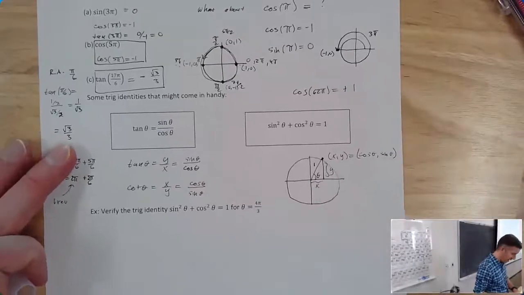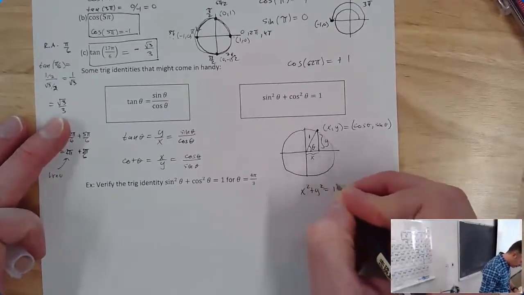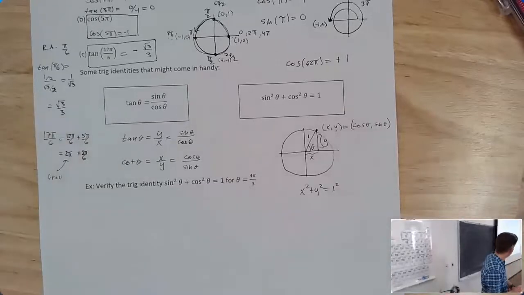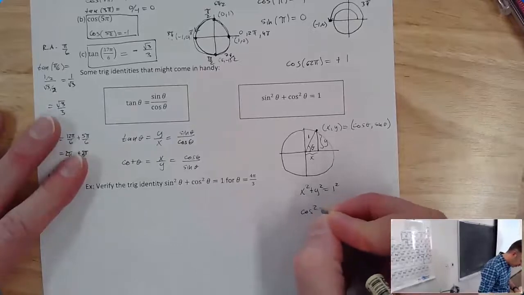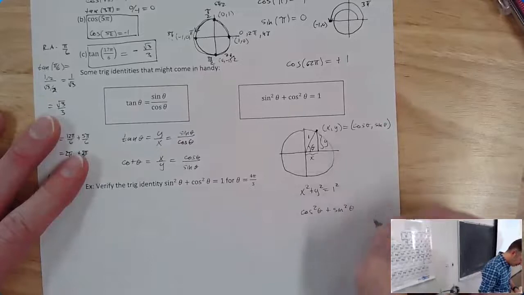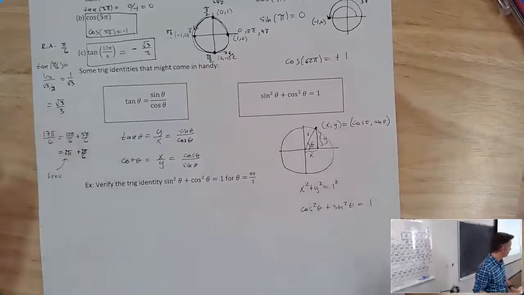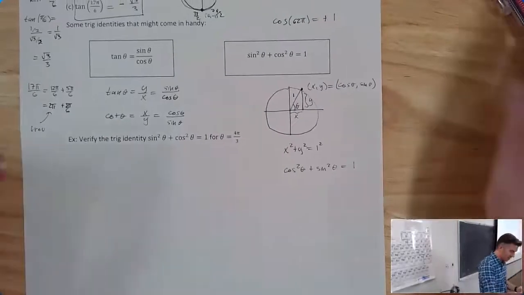We know from the Pythagorean theorem that x squared plus y squared is equal to 1 squared. But x is our cosine, so we've got cosine squared theta, y is our sine, that's sine squared theta, and that's equal to 1. And that's kind of the nicest way of writing it.